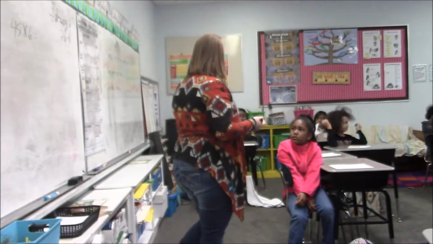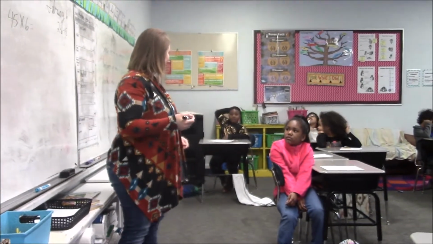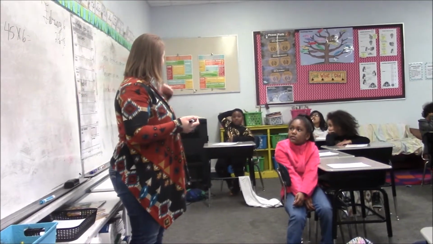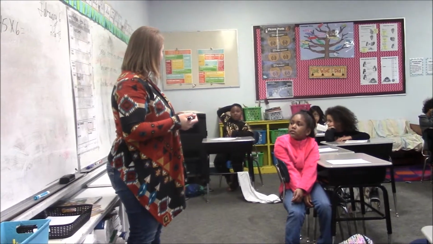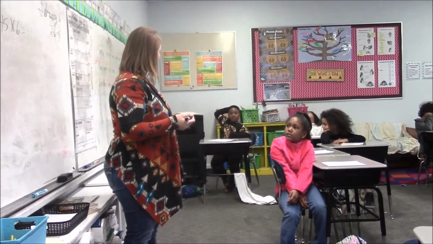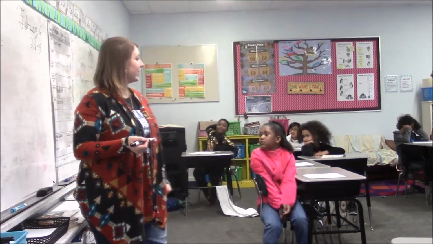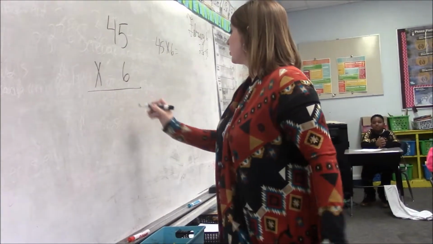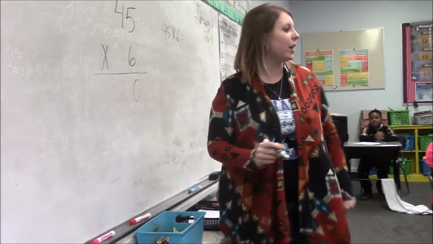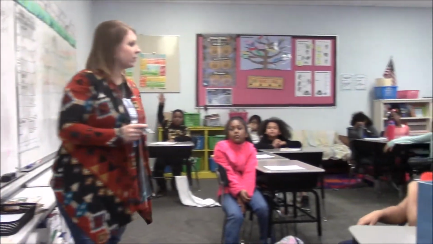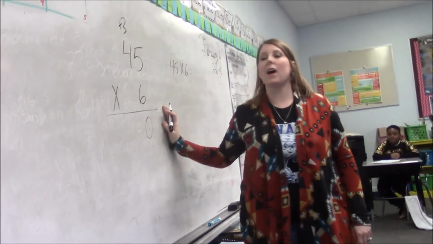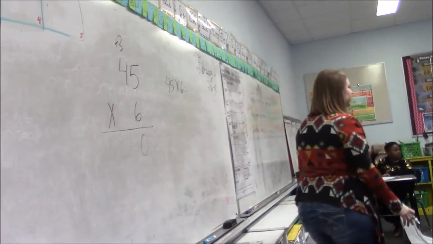Well, 5 times 5 is 25, so add a 5, then that's going to be 5, 10, 15, 20, 25, 30. Very good. I really like how he used the problem he knew. So 6 times 5 is 30, so we take our 0. Where do we put that 3, Keaton? Over top the 10's place. Great job.